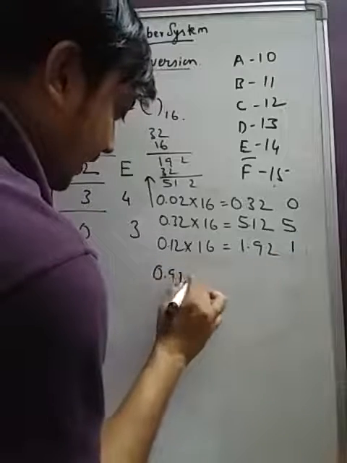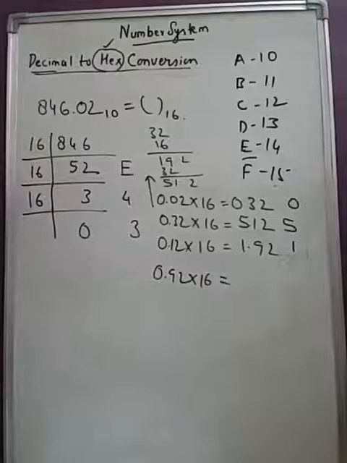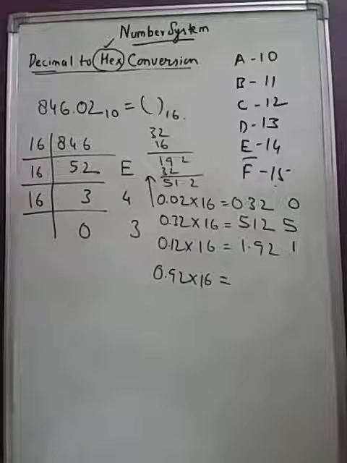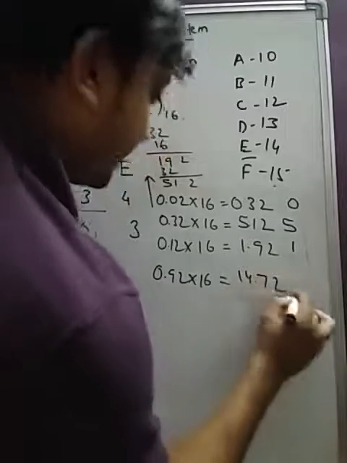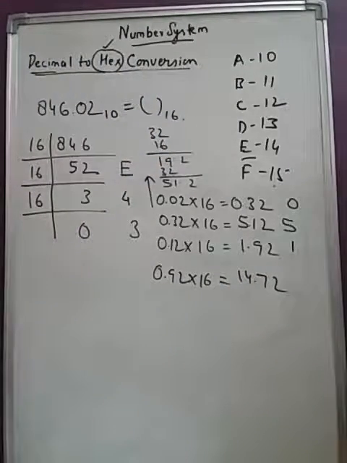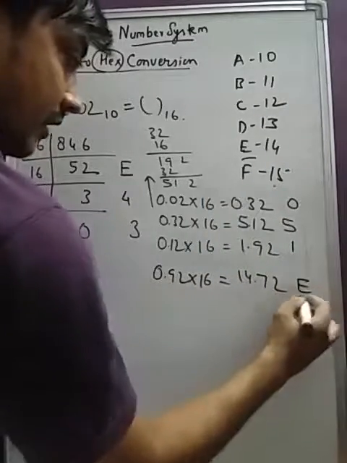Now 0.92 into 16 will give you 14.72. So the 14 is for E, so you have E over here.